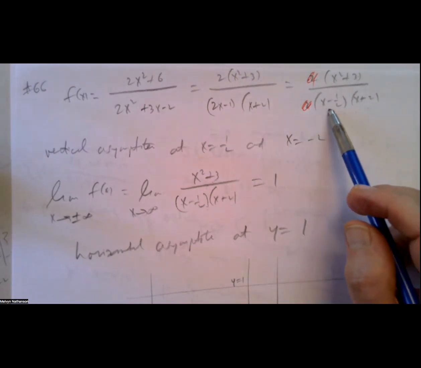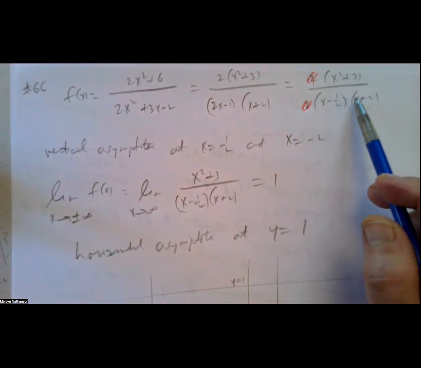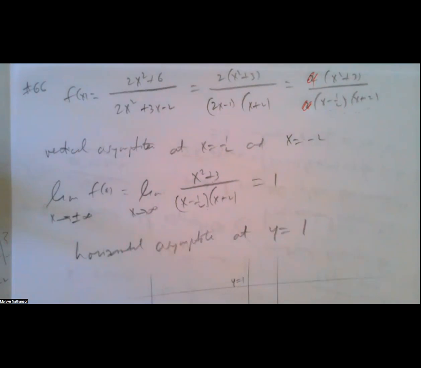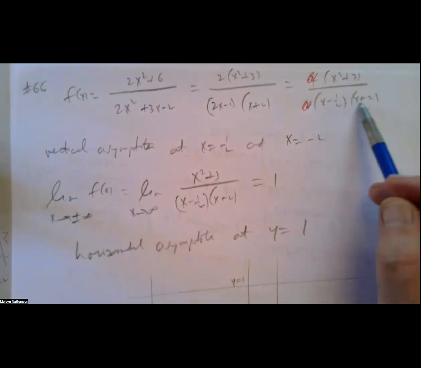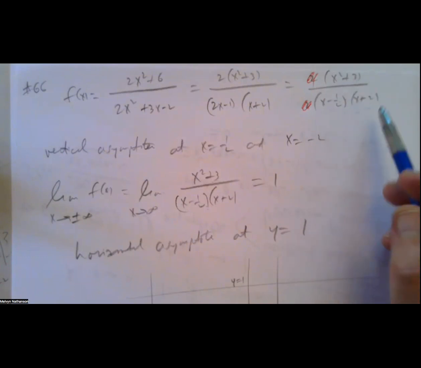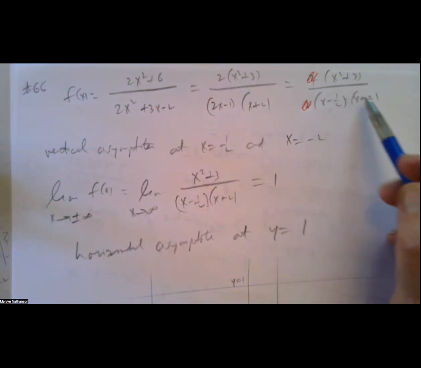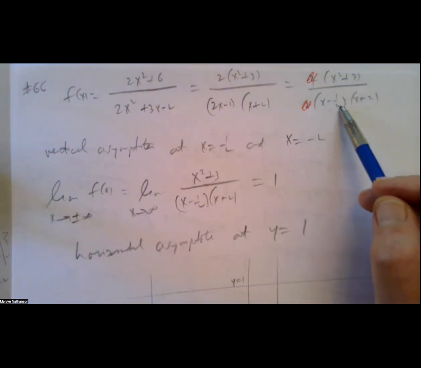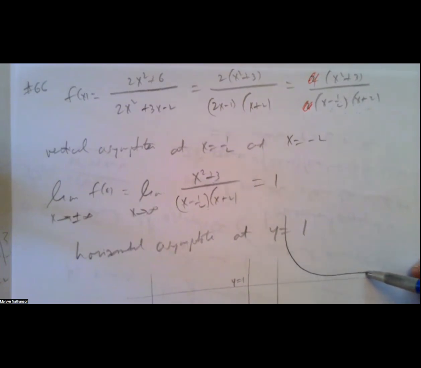When x is bigger than a half, these are both positive, and this is approaching 1. As you approach a half from the right, this is positive over positive, and it's going to plus infinity. As you're approaching a half, the denominator is going to 0, and you have this vertical asymptote that looks like that.